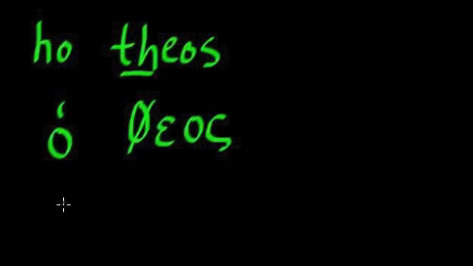Okay, so we have en arche and ho theos. Now what I want you to do is see if you can write ho theos on your own. So how do you write ho? And if you did an omicron with an aspiration, you are correct. One more time, go ahead and write ho, just for practice.